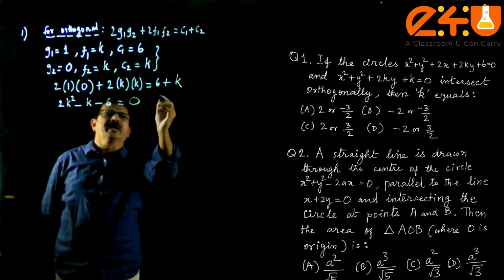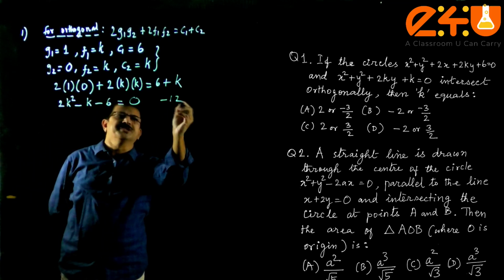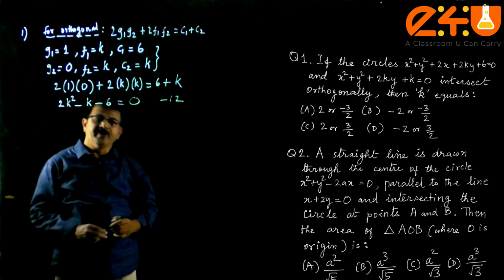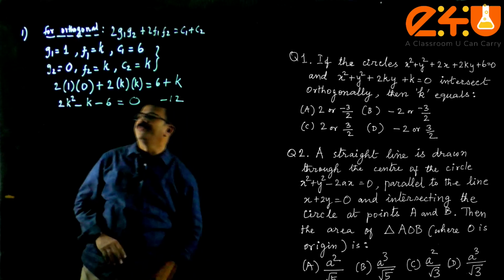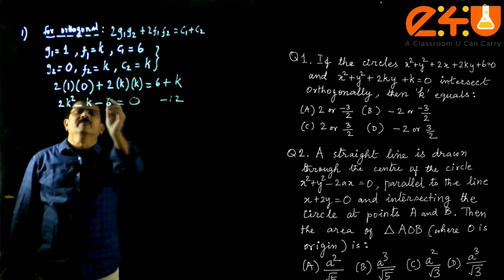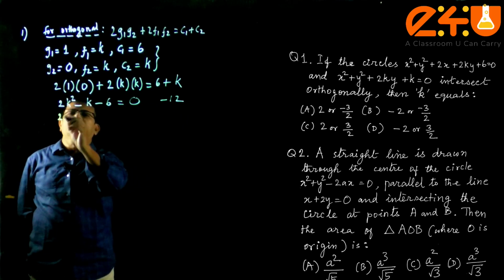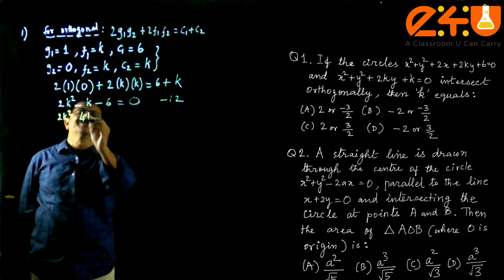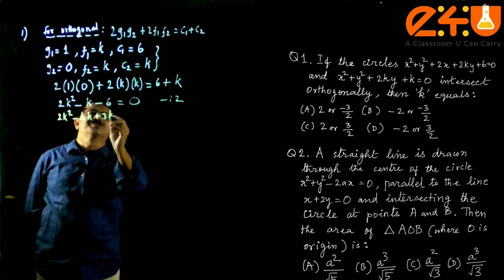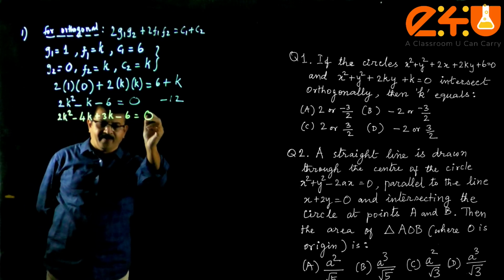Here we find the product AC is negative 12, and you can factorize the quadratic by splitting the middle term. 2k squared minus 4k plus 3k minus 6 equal 0.